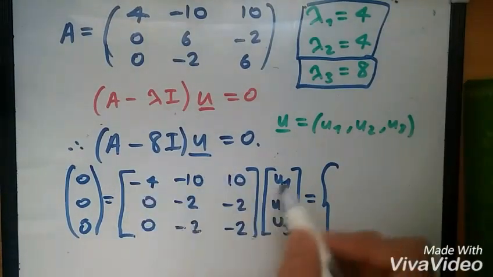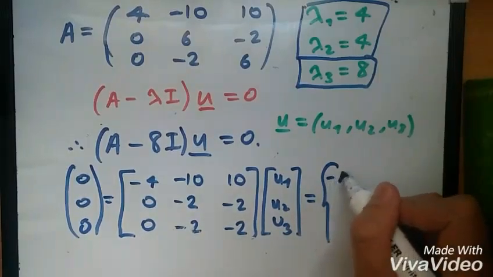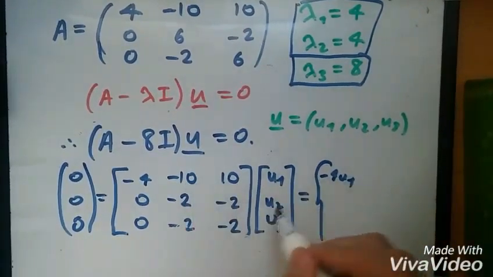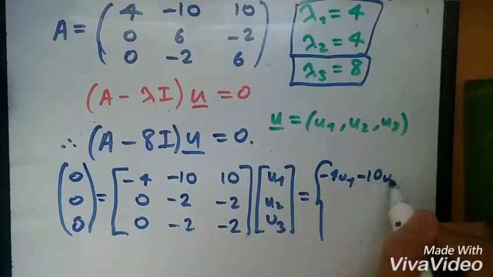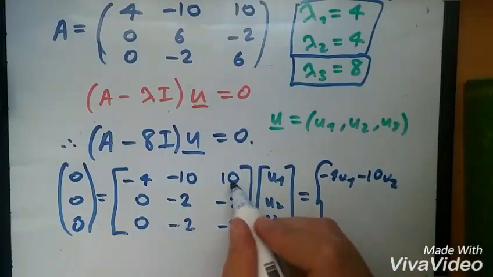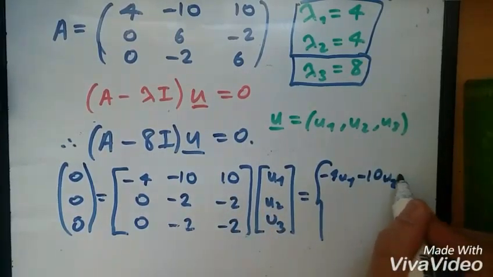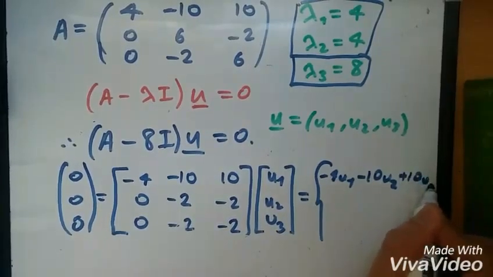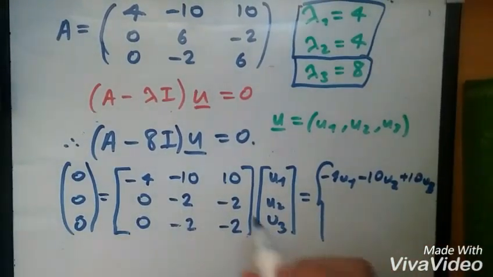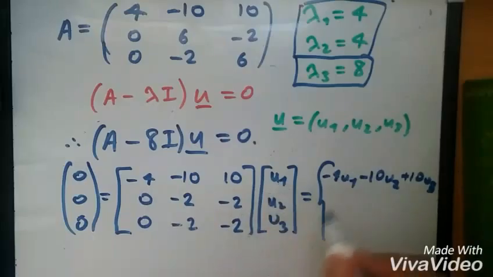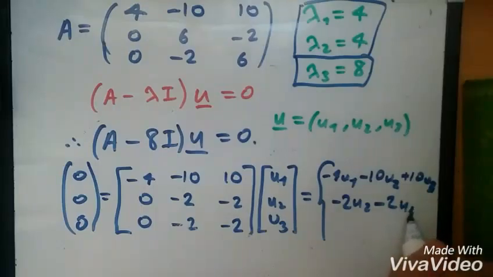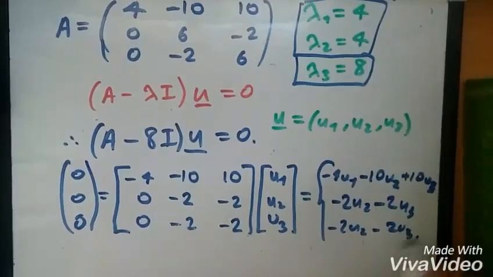We multiply this row by this column, we should get minus 4u1 minus 10u2 plus 10u3. Good. And the rest of them, this times this row, so I'll do it fast. Minus 2u2 minus 2u3. Again, minus 2u2 minus 2u3.